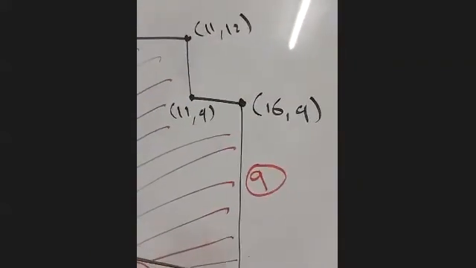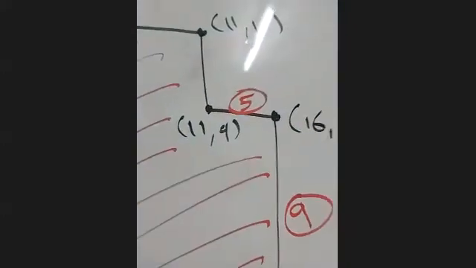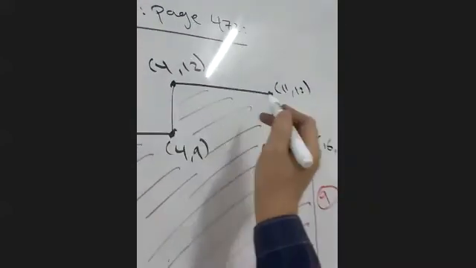Here, we will cross the 9 and 16. 16 minus 11 is 5, right? Yeah, 5. Here, we will cross the 11 and the 12. 12 minus 9 equals 3. Here, we will cross the 12. 11 minus 4 equals 7.